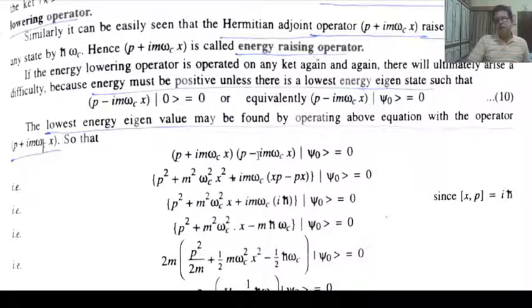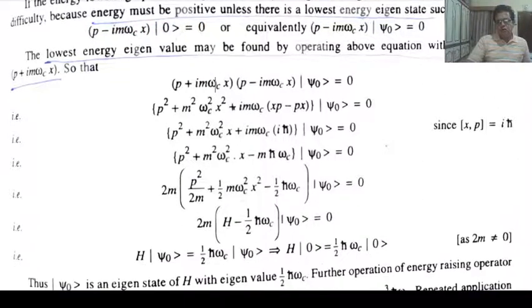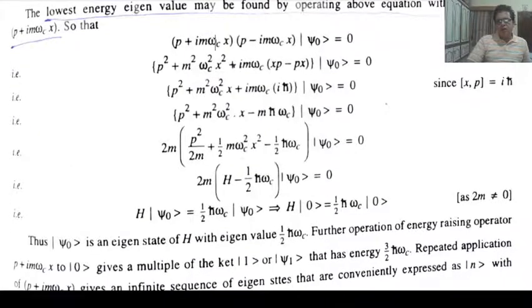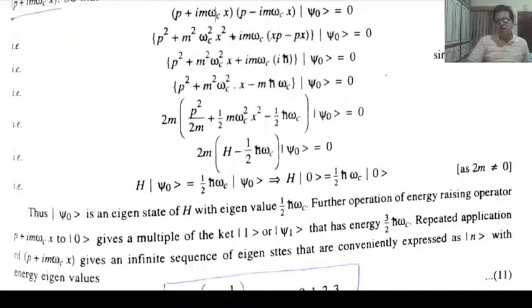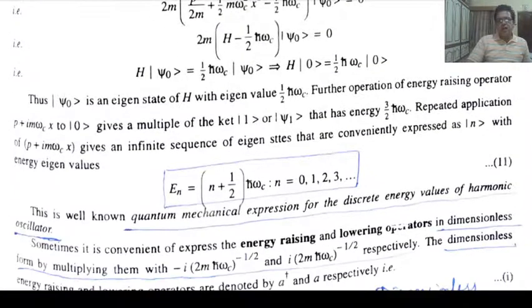You just operate on this raising operator, and if you solve or rearrange this equation by using commutator, at last we get the relation H psi 0 equal to half H cross omega C ket 0. That means this is zero point energy.